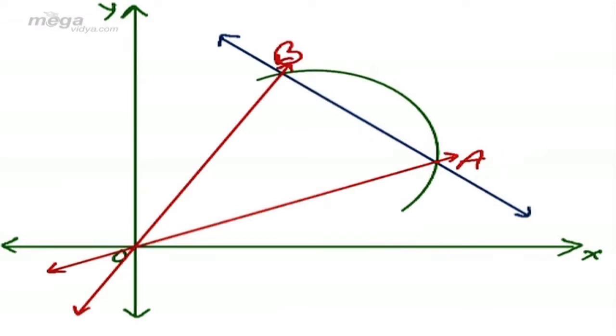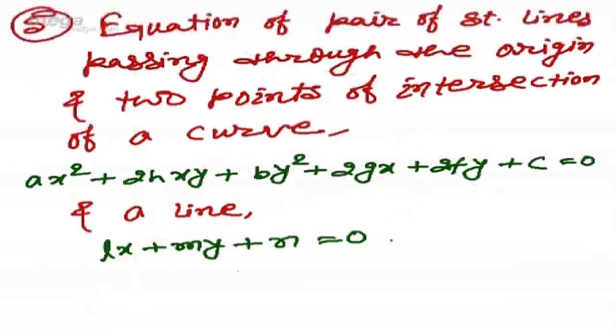Then you have to find out the combined equation of these two straight lines OA and OB, which we can find out by using one method: solve this equation and this equation, like solve lx plus my plus n equal to 0 and ax square plus 2hxy plus by square plus 2gx plus 2fy plus c equal to 0.